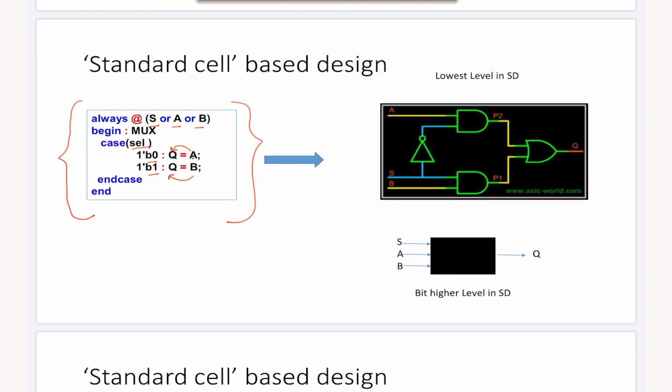Now, physical design engineers will convert this RTL into a netlist. A netlist is a connection of different gates. For example, in this one you see there's an inverter, two ANDs, and an OR. So this hardware, in the form of RTL, is converted into an equivalent actual hardware in the form of ANDs and NANDs.